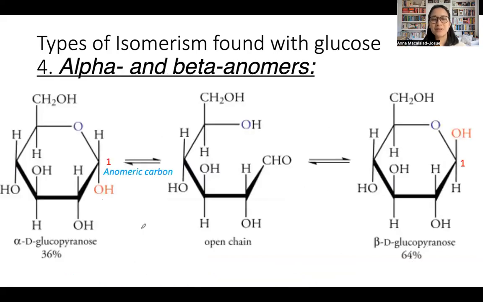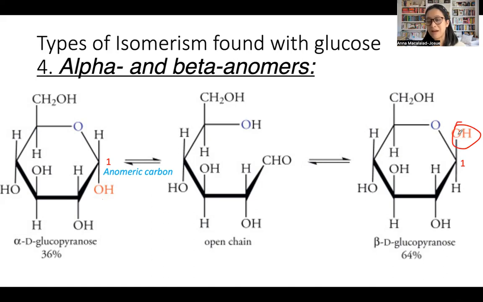The next type of isomerism found with glucose is the alpha and beta anomers. You can see that at carbon 1 there's an attached hydroxyl group here. That's your D-glucopyranose in the alpha form. This one is beta-D-glucopyranose because the hydroxyl group is located here.